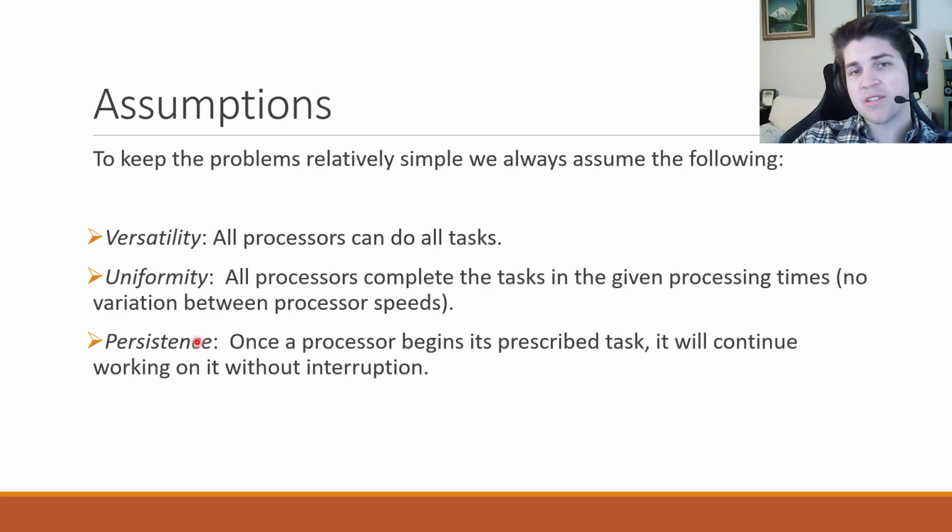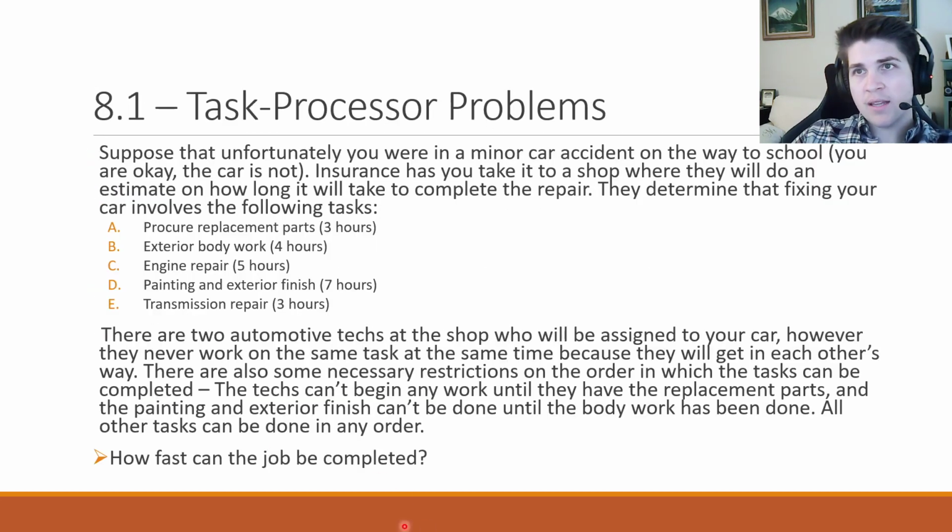And lastly is persistence: once we build a schedule for them, they're going to work on those tasks without interruption and do it in the exact amount of time that we've planned for. Let's say we tell employee number 1 to do the painting and exterior finish. They're just going to do it all. We also assumed that they're not both going to work together on the tasks.